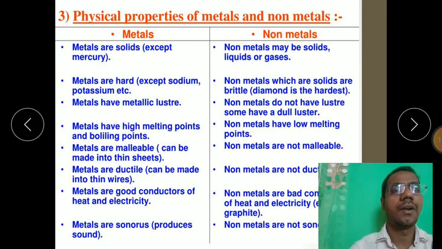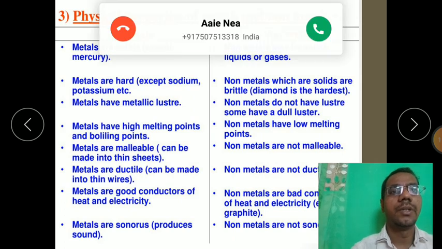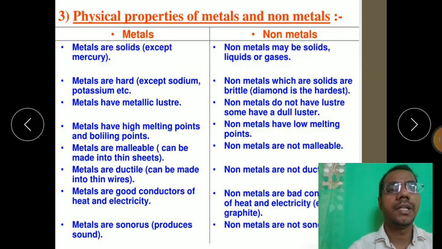If they are not converted into thin sheets, they are non-malleable. We know that metals are solid, so they can easily be converted into thin sheets. But most non-metals are liquid or gaseous, so they cannot be converted into thin sheets. That's why they are not malleable.